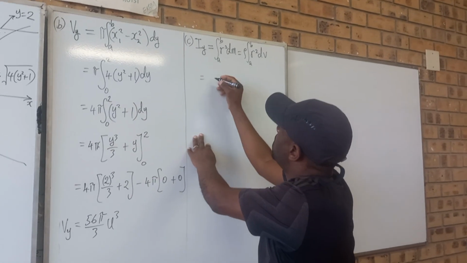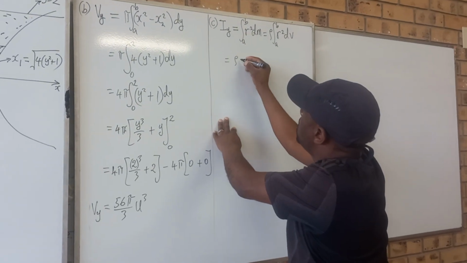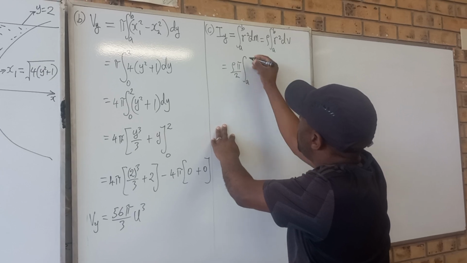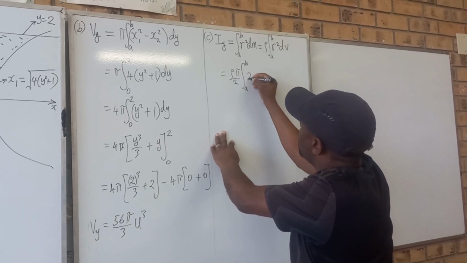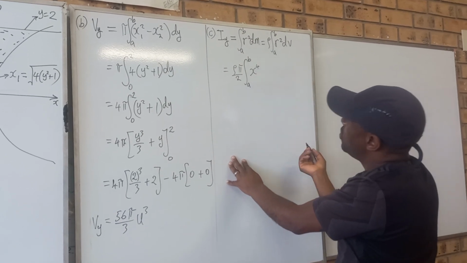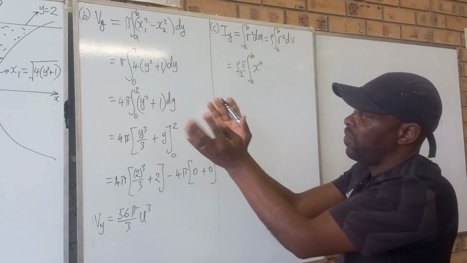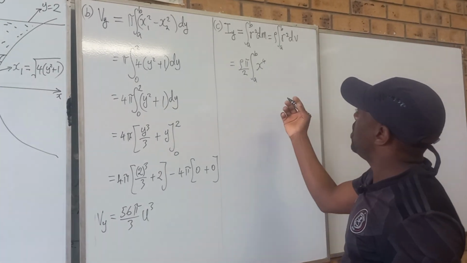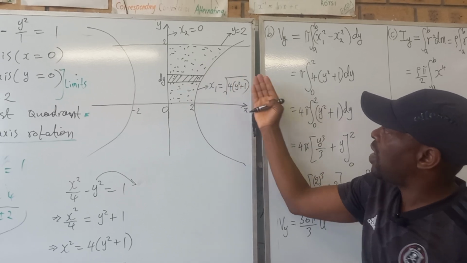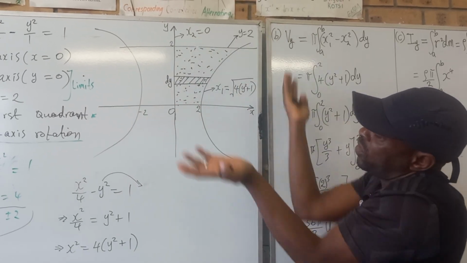If I go to page 6, my Iy is density pi over 2, the integral from a to b of x to the power 4. So what am I going to do? I will just try to incorporate the information on my graph. On my graph, my strip has x1 on the right, x2 on the left, even though x2 is 0.